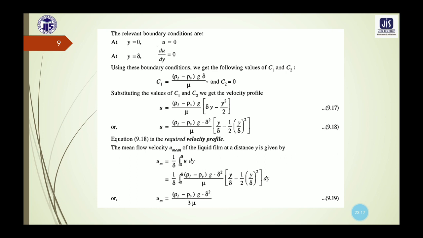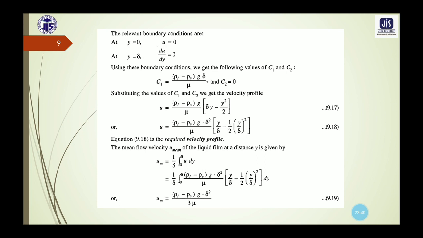Now if we use these boundary conditions, then after certain steps we will get the values of C1 and C2. The values we are getting are C2 equals 0 and C1 equals (rho L minus rho V) into g delta divided by mu.